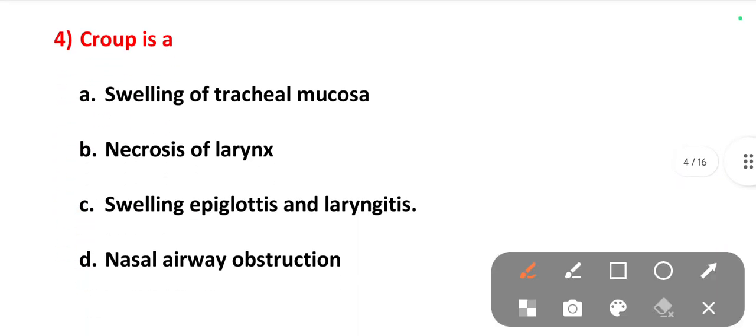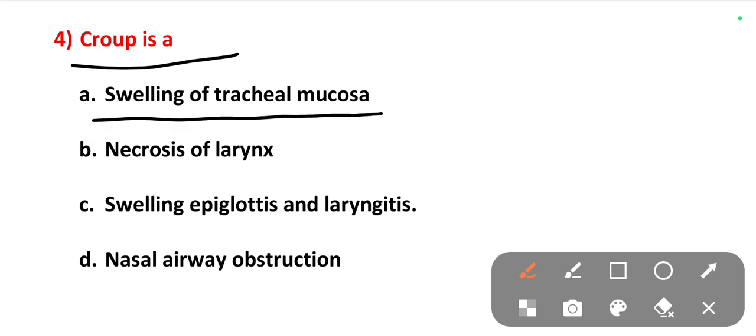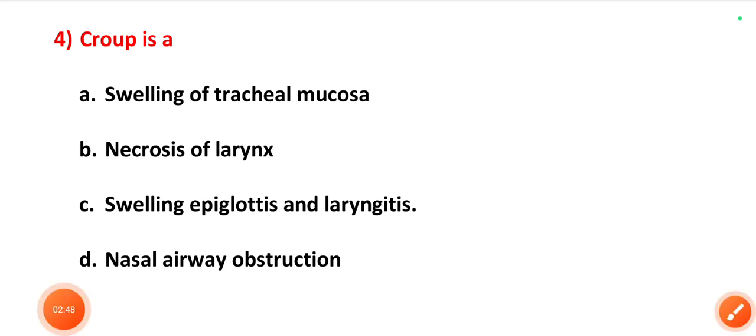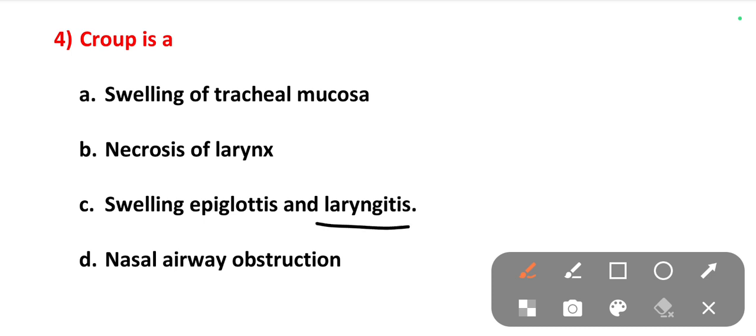The next one is croup is. So what is the meaning of croup? Options are swelling of tracheal mucosa, option B necrosis of the larynx, option C swelling of epiglottis and laryngitis. So when the epiglottis is infected with bacteria and virus, it is called epiglottitis and laryngitis.